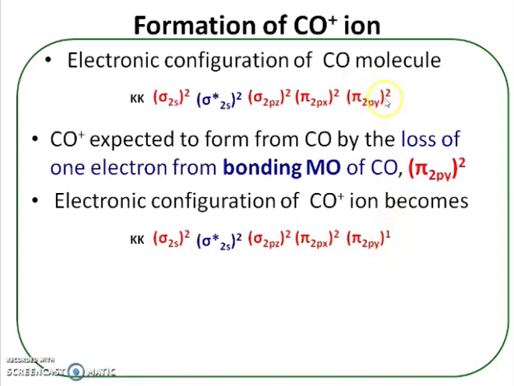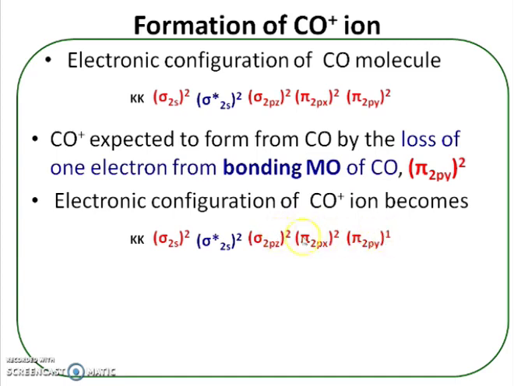So initially in carbon monoxide there were 2 electrons in the pi 2py orbital, and when 1 electron is lost from this higher energy bonding orbital, then the pi 2py bonding orbital now contains 1 electron. So in this way there are 7 bonding electrons: 2 electrons in sigma 2s, 2 electrons in sigma 2pz, 2 plus 2 is 4, plus 2 is 6, plus 1 is 7.